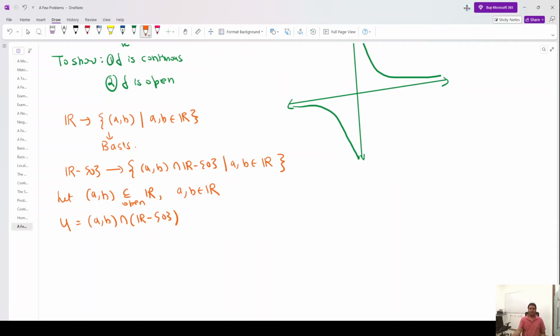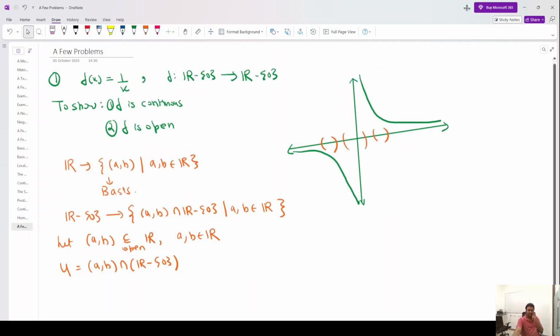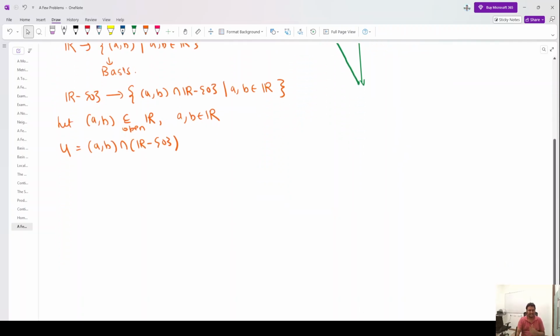Now you see this (a, b) can be here or like this, it can be any one of this form. So it means you have to make cases. So what would be case one, guys?